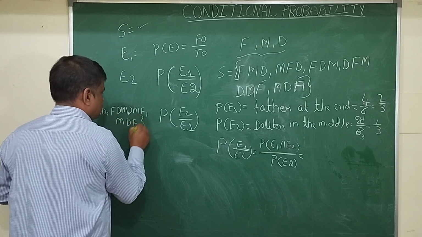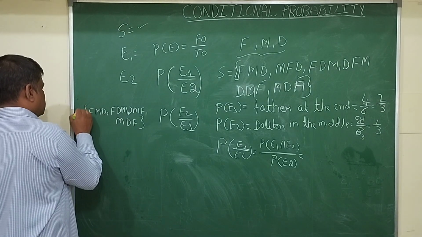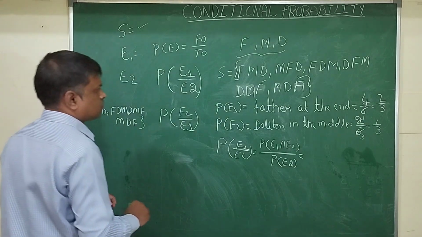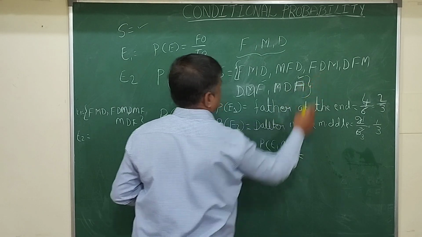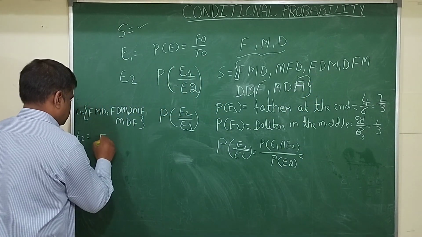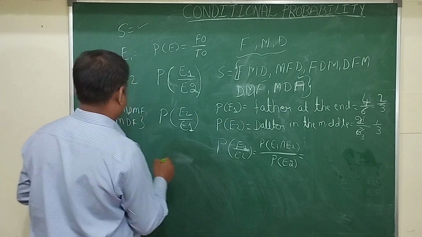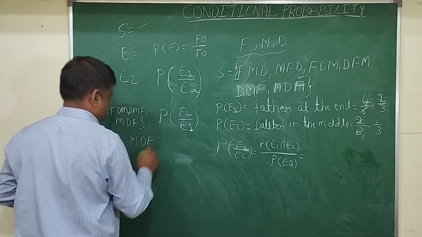So total 4 outcomes are there. Correct. Now this is for E1. E2 outcomes, daughter in the middle: FDM and MDF. These are the possibilities.